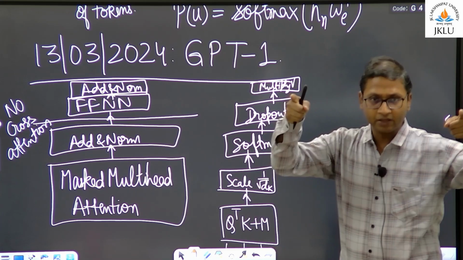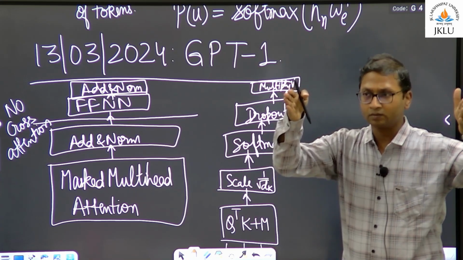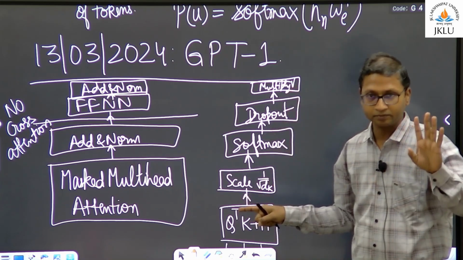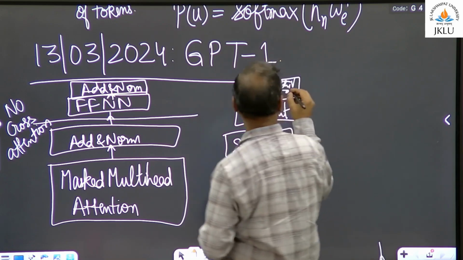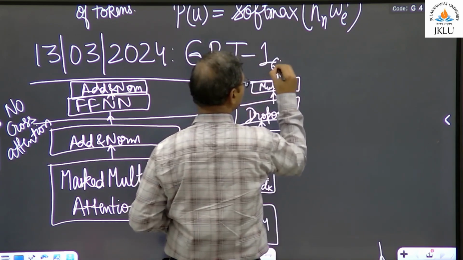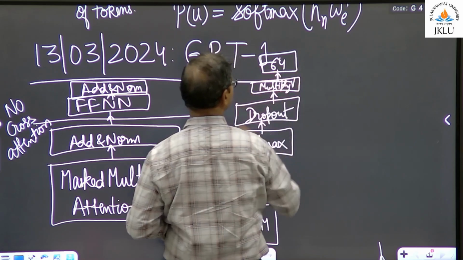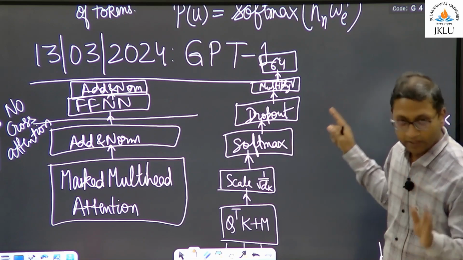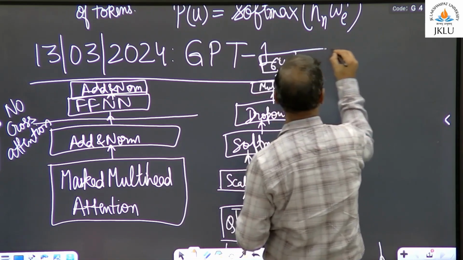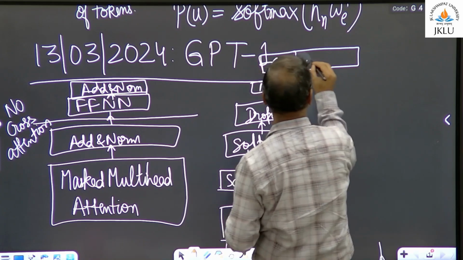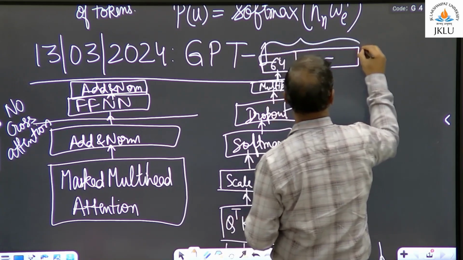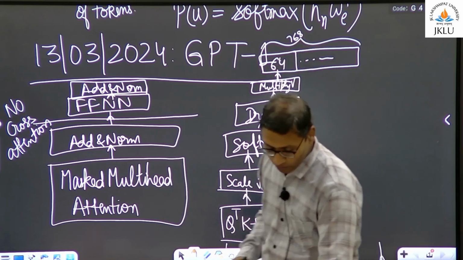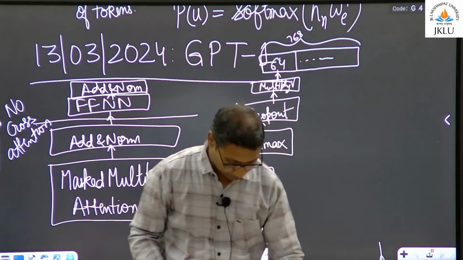We have v of size what? We are talking about just one head, right? So this is going to give me a 64 dimensional vector, but there are total how many heads in GPT-1? There are 12 heads in GPT-1. So the final thing will be 768. Okay.